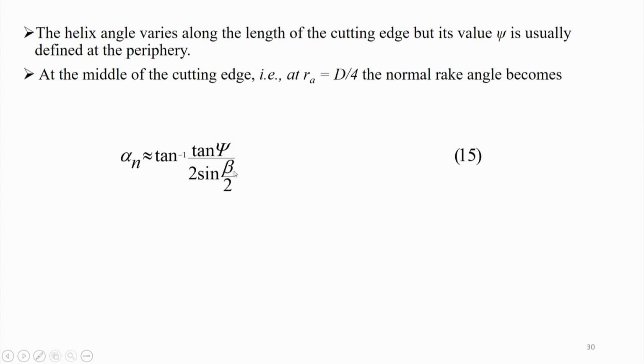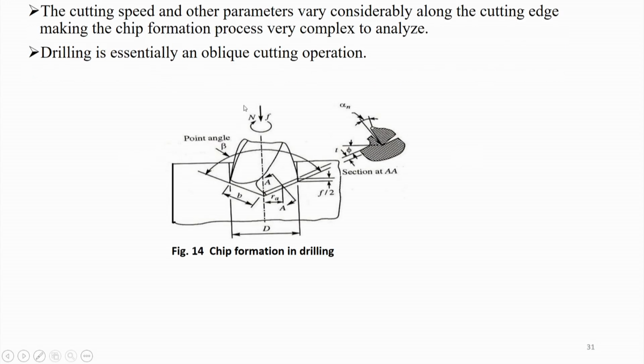So, the alpha n expression has come like this. Cutting speed and other parameters vary considerably along the cutting edge, because here the cutting surface is different, here the periphery is different, making the chip formation process very complex.